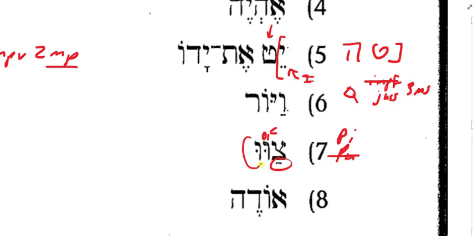Now I have a shurik over here, though. And I got to ask myself, in the Piel, where do I have an A-class vowel under root 1? Perfect? No. Piel perfect has what vowel under the root 1? It's hireq. I-class, right? Piel, piqqed.